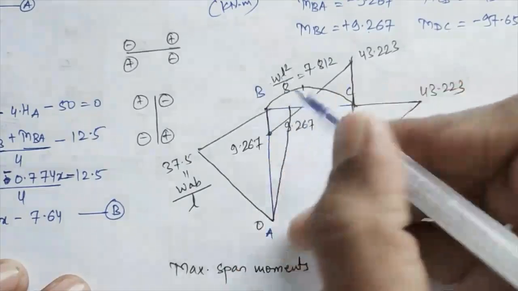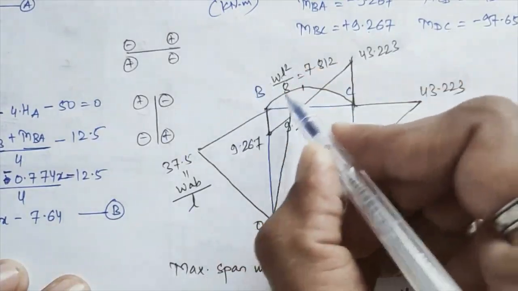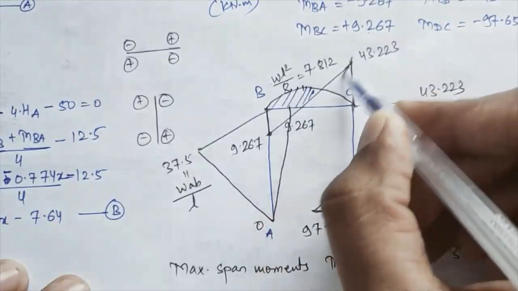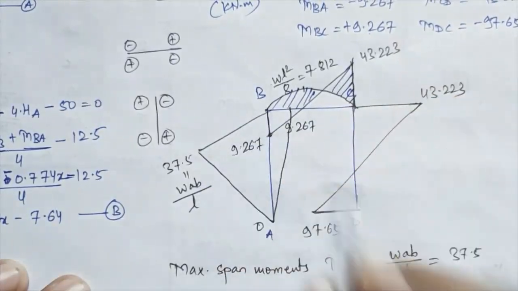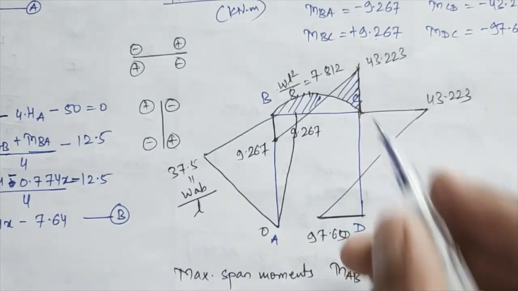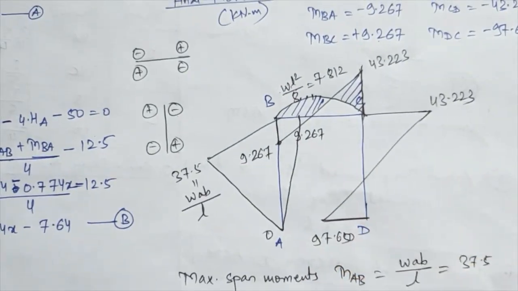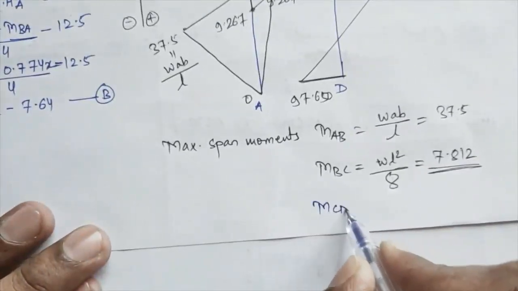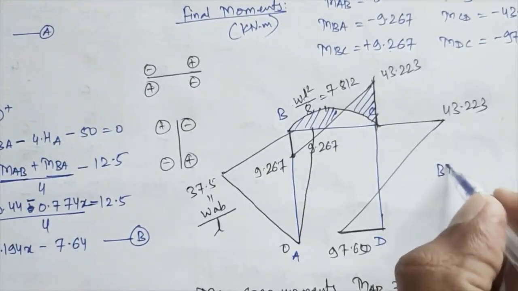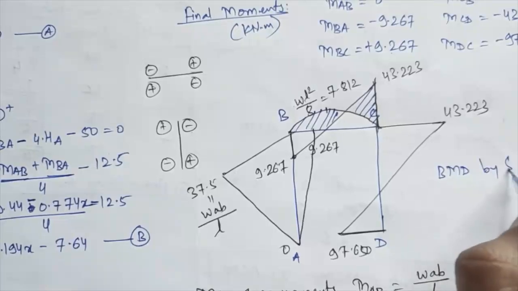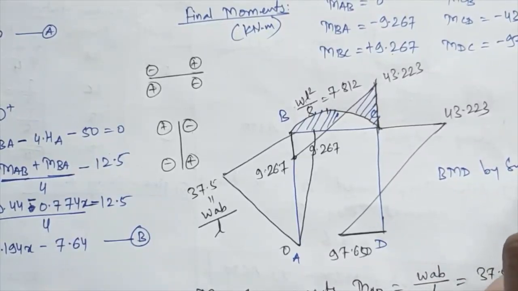And just what you have to do is you have to shade the superimposed part here. Here there is no superimposed part, so no need of shading. And here you are not having any loading, so your maximum span moment there comes equal to 0. So you can write MCD will be directly equal to 0. So this will be your BMD by superposition.